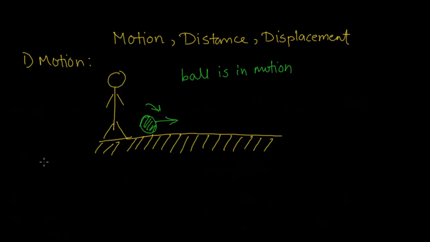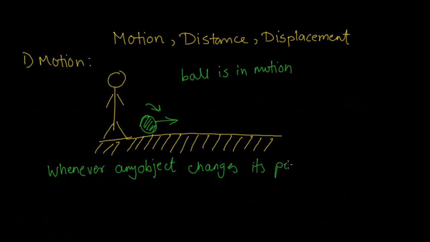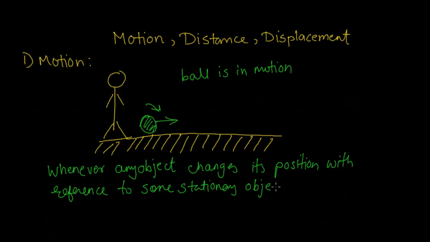So now we get the definition of motion. Whenever any object changes its position with respect or with reference to some stationary object, then the object or the former object is said to be in motion.